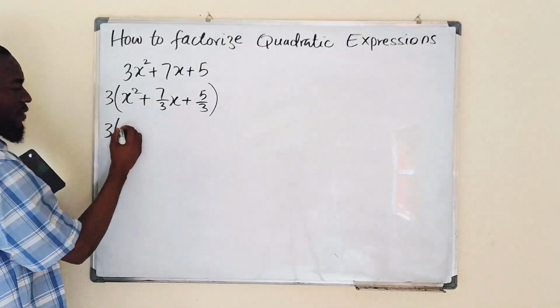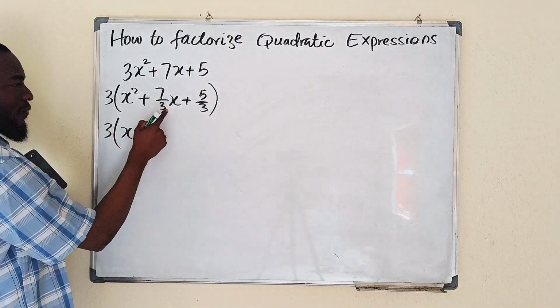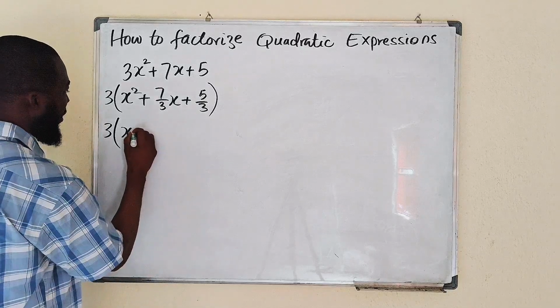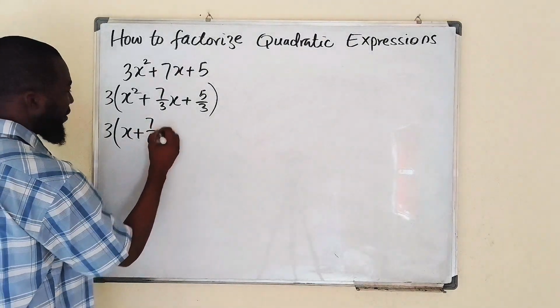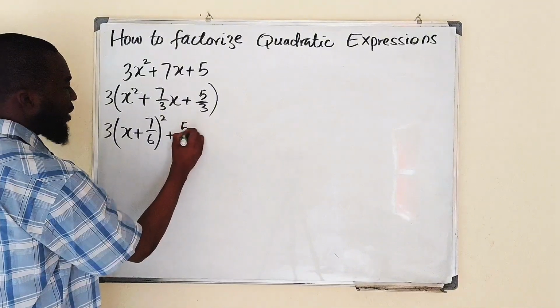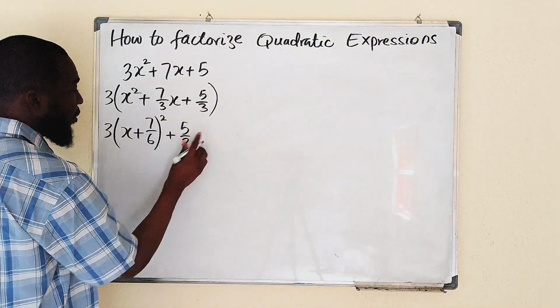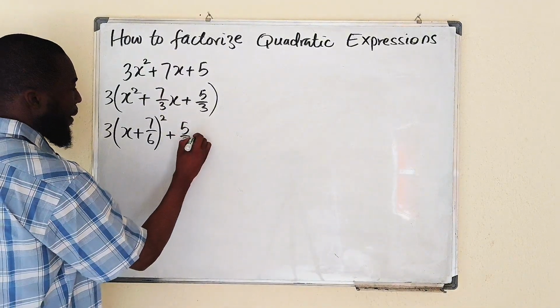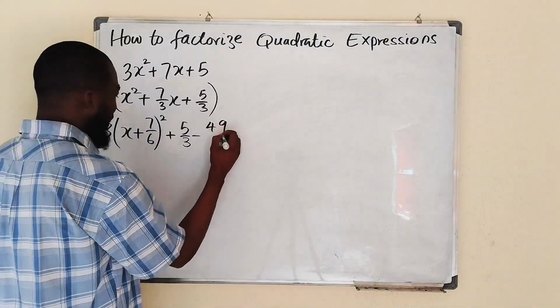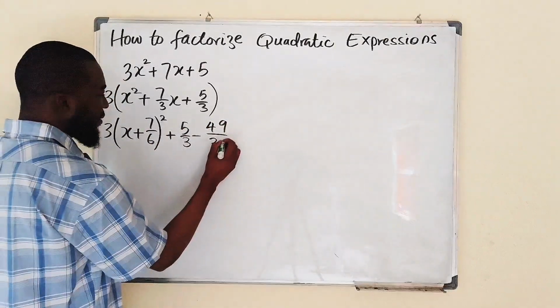So let me take this x. Half of this will be 7 divided by 6, right? 7 divided by 6 whole squared. Then plus 5 divided by 3, minus the square of this, which will be 49 divided by 36.